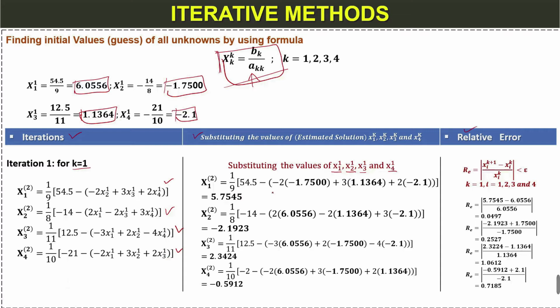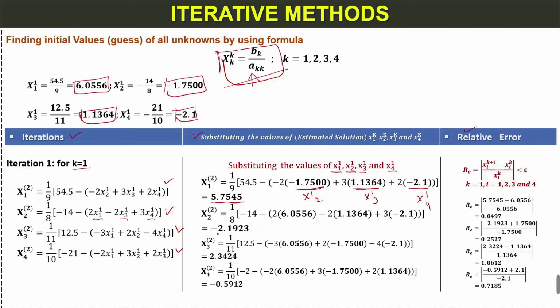After simplifying these values, we get the new estimated solution x21 as this one. Next, for x22, we substitute the values of x11, x13, and x14.